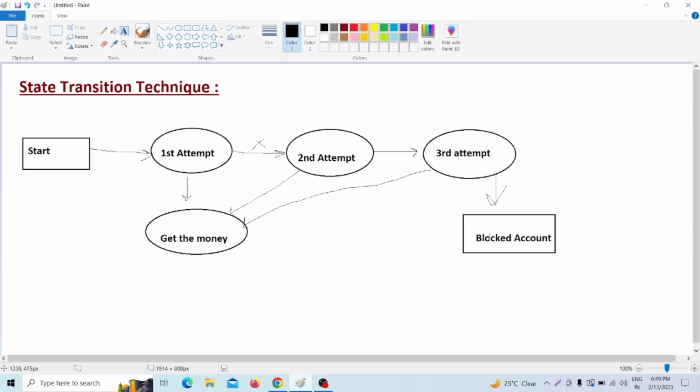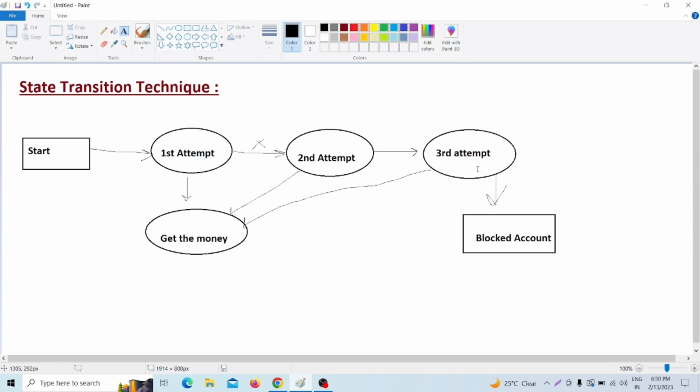Why? Because the requirement says that we can only attempt 3 times. As I previously told you, the requirement says that if a user puts a wrong pin number for the third time, then the account will be blocked.